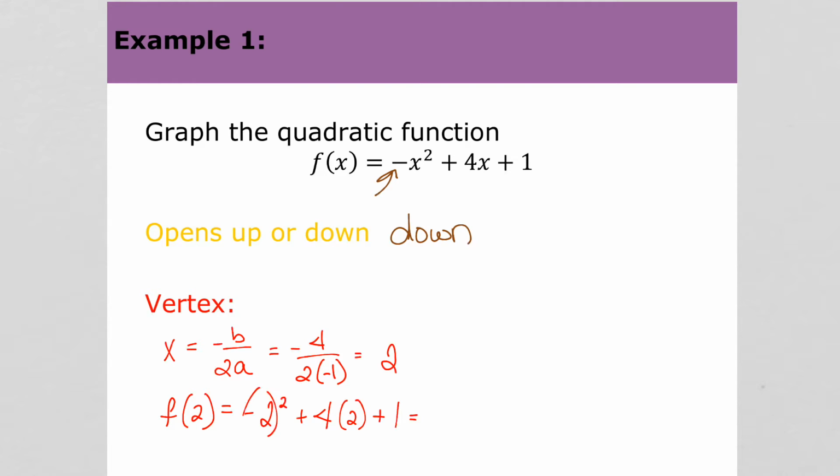Notice this is not negative 2 squared, okay? Because that negative is on the outside, then we don't need to put it in parentheses. So we've got negative 2 squared. That gives us a negative 4 plus 8 plus 1. And so that gives us 5.